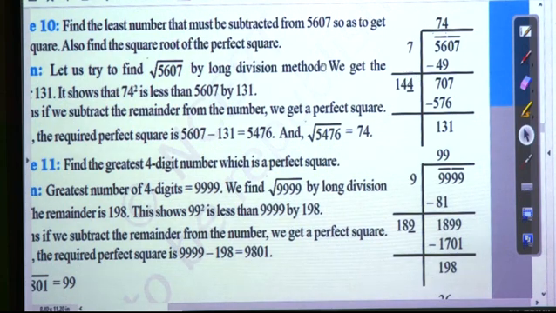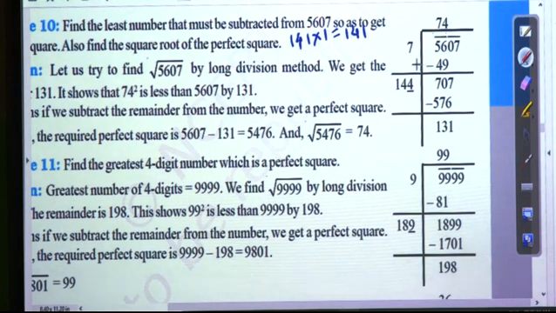Now what digit we should write here? Here you can see directly 4 is written, but we will try to find out whether some other digits were possible or what. 141 multiplied by 1, it becomes 141.